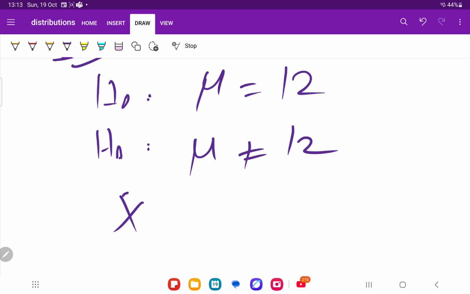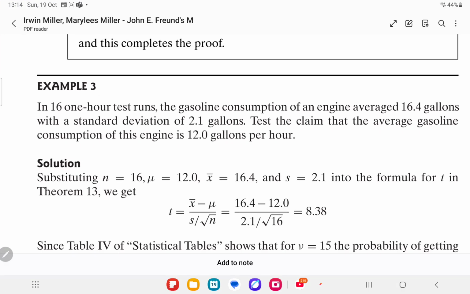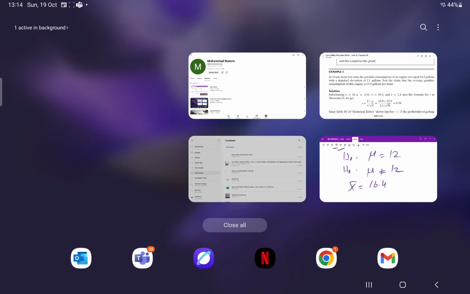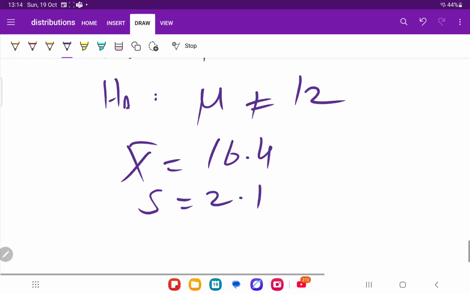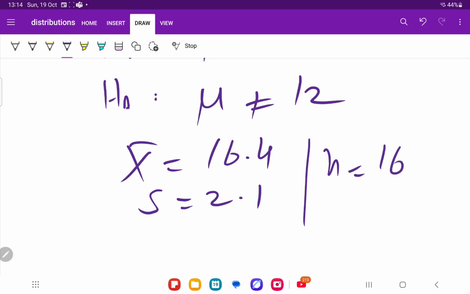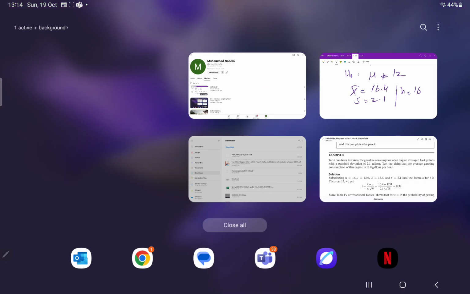Okay, and the sample mean is given as 16.4, and then S is given as 2.1 and N is 16. Okay, that's it.